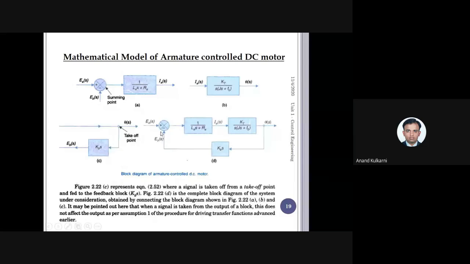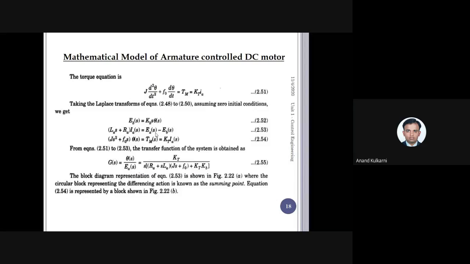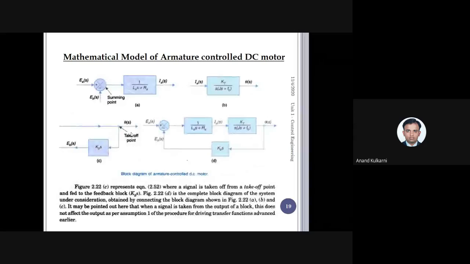So that is a feedback loop. So this armature controlled DC motor, looking at this system, you can solve this block diagram and get the answer. One way is to solve these equations and get the answer. The second way is to solve this block diagram and get the answer. From the block diagram, it is very clear that it is a closed loop system, because here you can see there is a feedback.